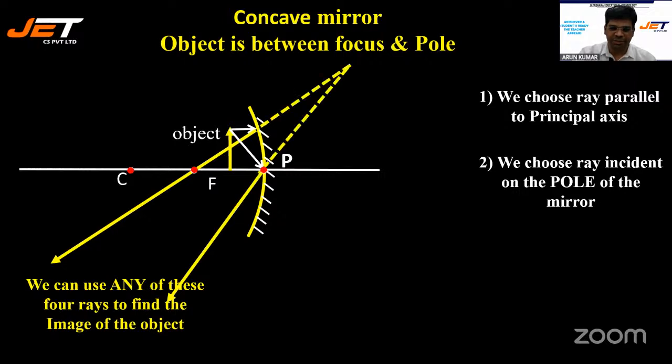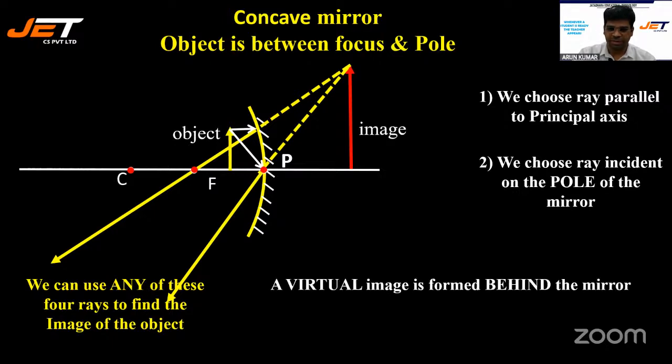On retracing these two rays, the image is formed somewhere here behind the mirror, enlarged and virtual. This cannot be caught on a screen. This is enlarged, erect, and virtual. A virtual image is formed behind the mirror.